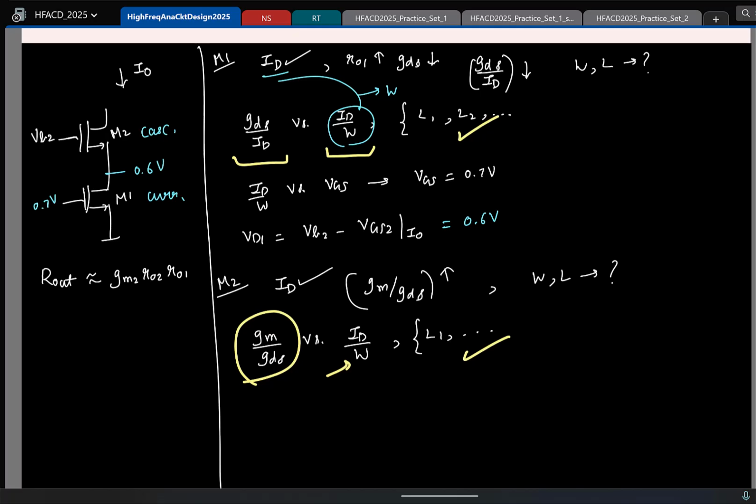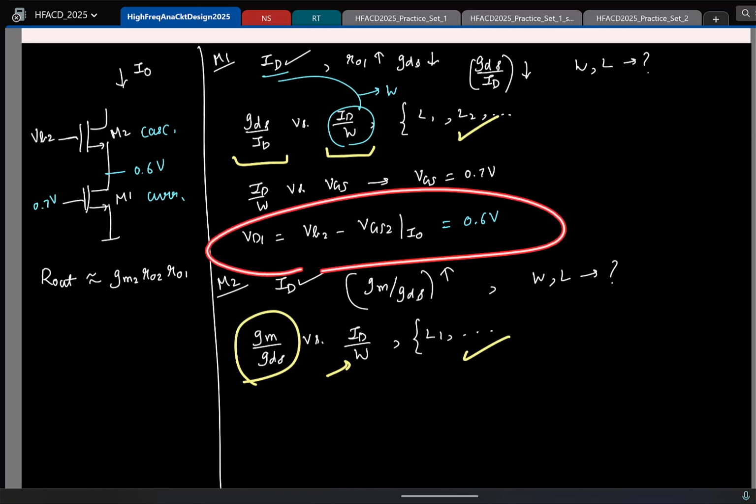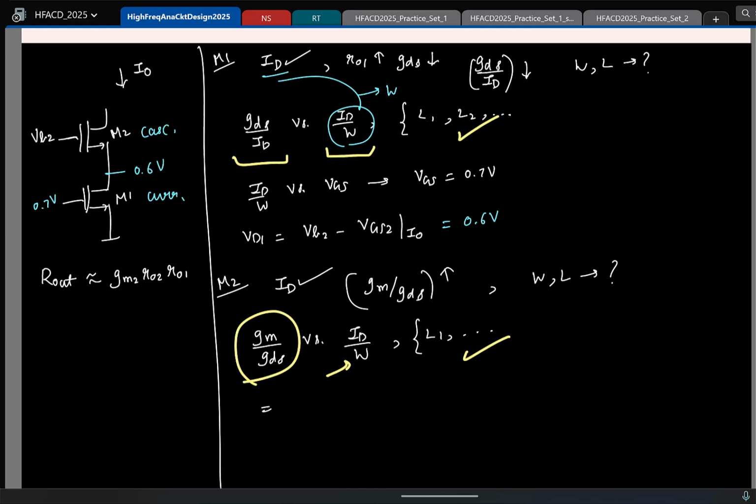You have to verify that this is satisfied, right? So you find what is the VGS you have. So let us say you get the VGS to be say 1.2 volt for example. Okay, if VGS is 1.2 volt, what would be VB2? 1.8.